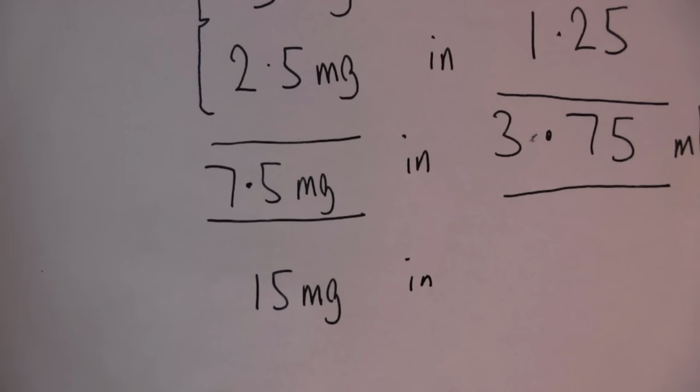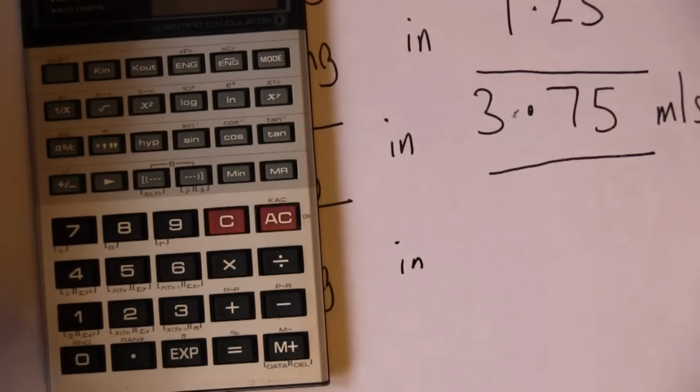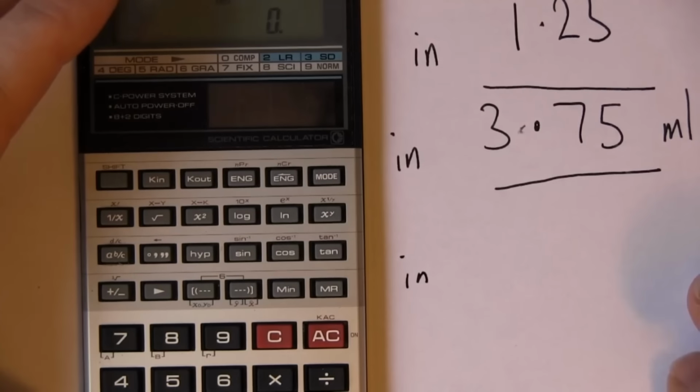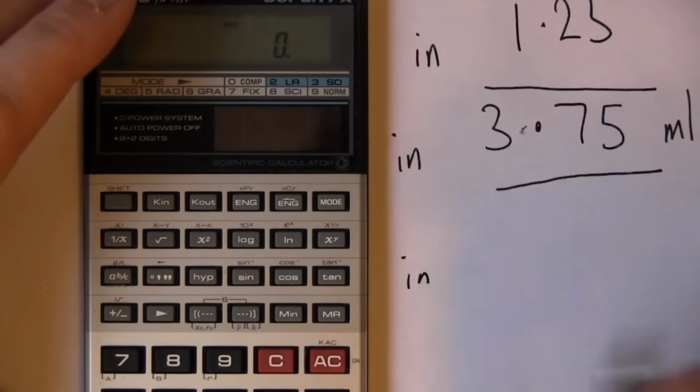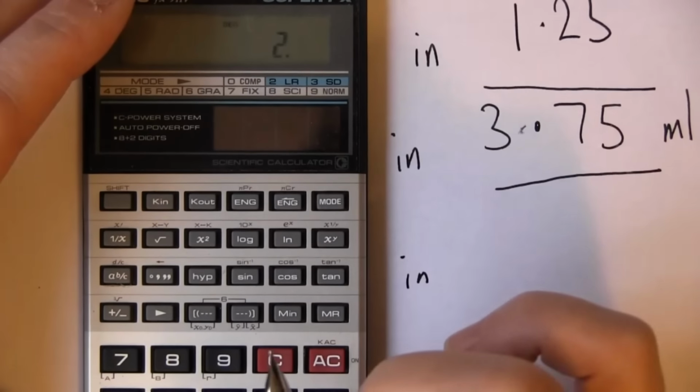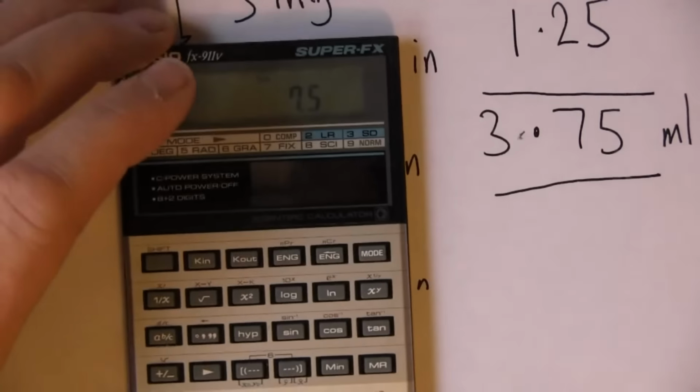Now, when you're doing drug calculations, I never hesitate to get out my calculator. And 3.75 times 2 equals 7.5.